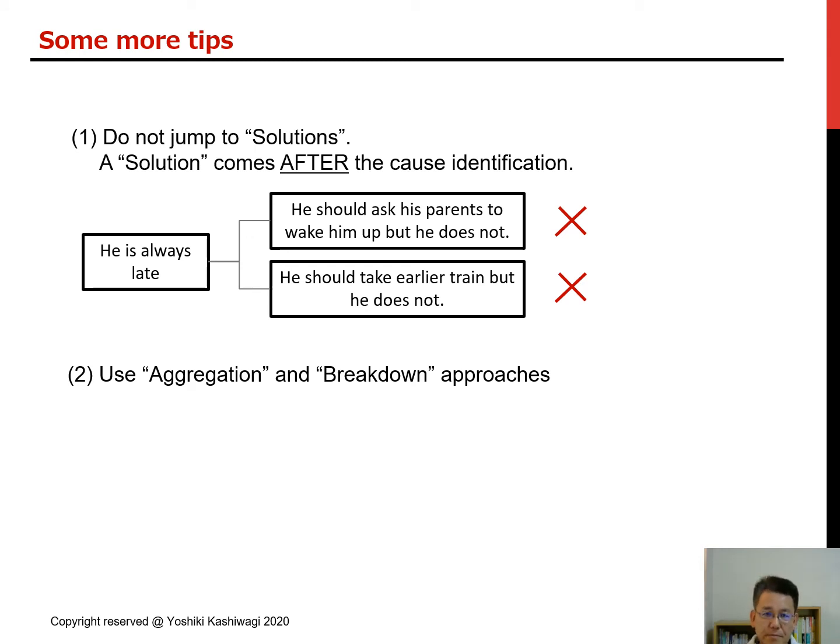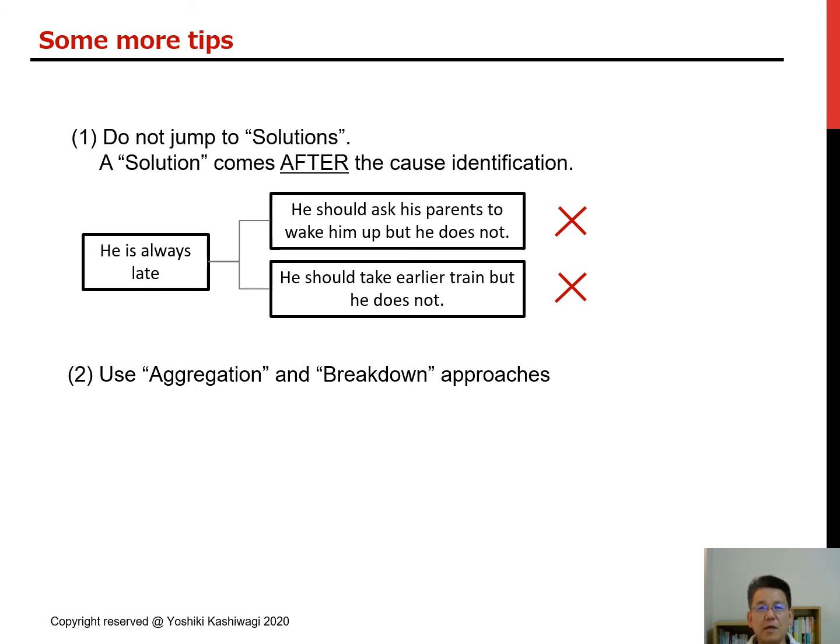These are other tips. Sometimes you jump to the solution by skipping the cause identification, starting with a problem and then coming up with a solution to solve the problem. But no, you cannot do that. Cause identification is very important. In this case, the problem is he is always late.